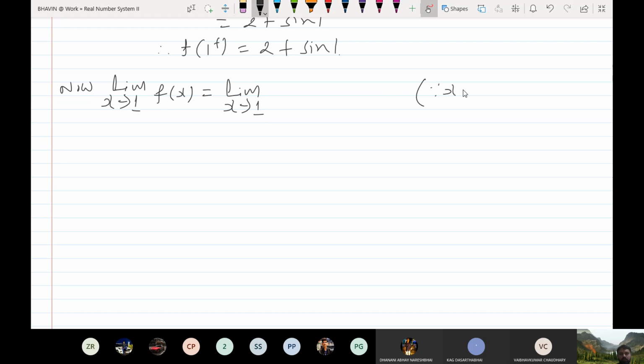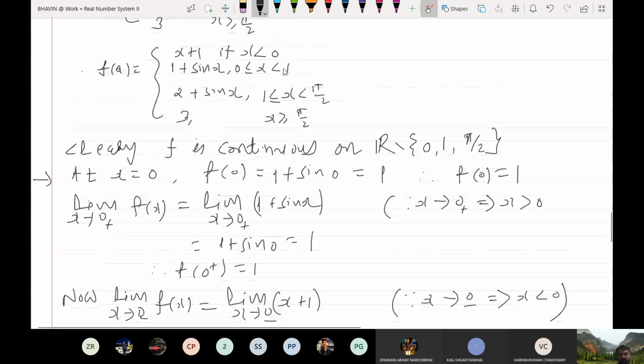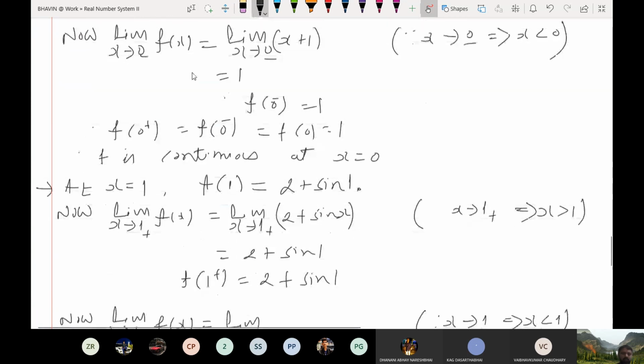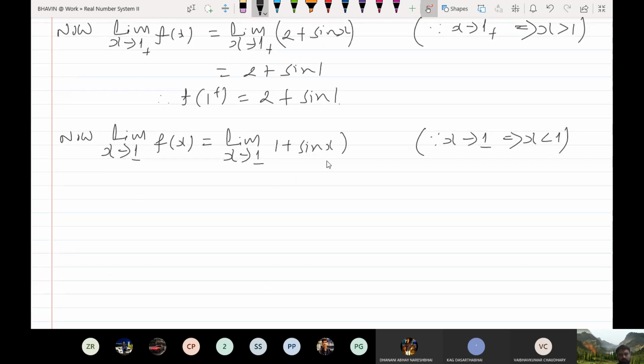x tends to 1 minus implies x is less than 1. Now see from this, if x is less than 1, then f(x) has value 1 plus sine x. So here you will get the value 1 plus sine 1, and here 2 plus sine 1.